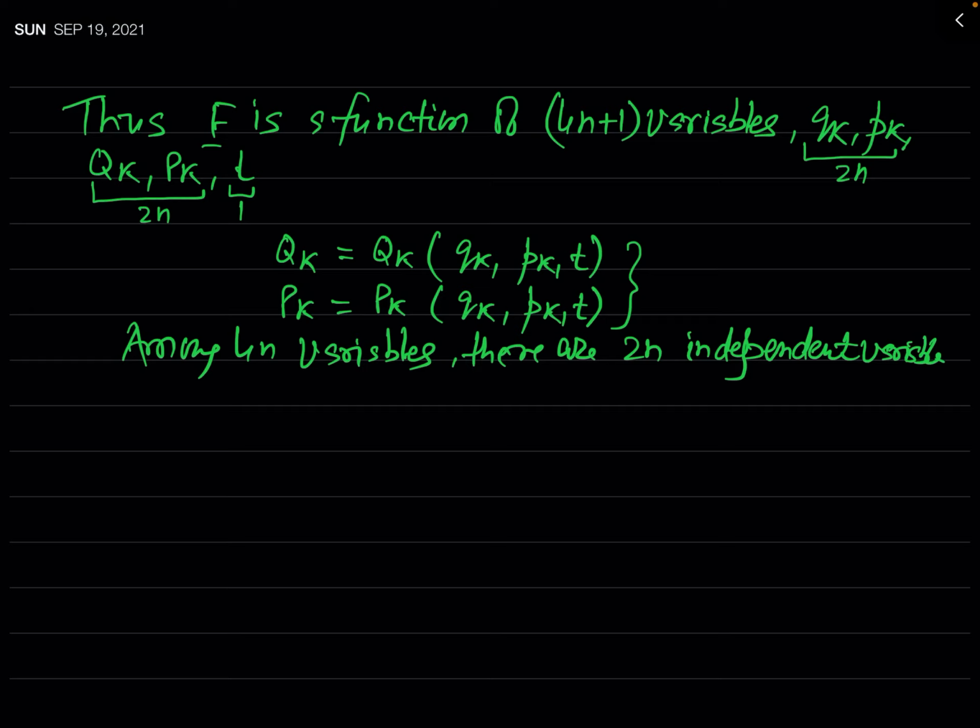Now, f is an arbitrary function you have considered, and this f is actually a function of both old and new sets of coordinates, and therefore we must select n independent variables from the old set and n independent variables from the new set to express this function f.